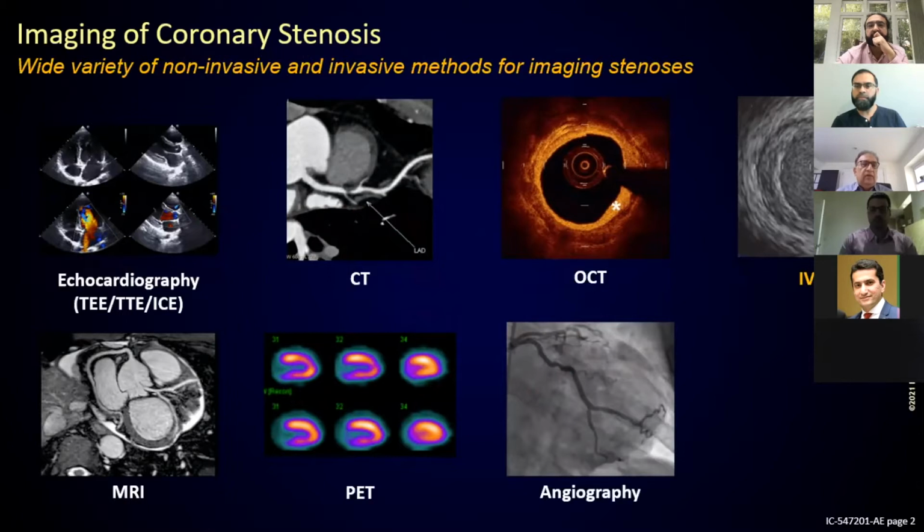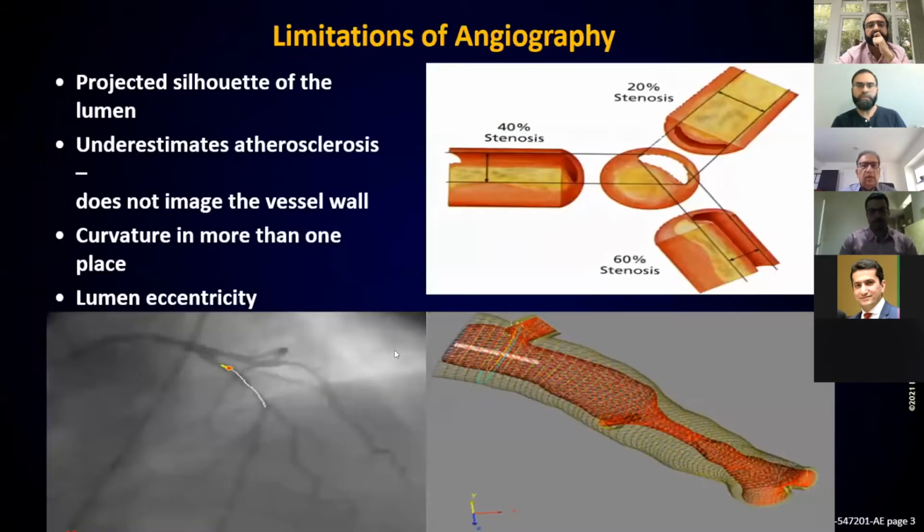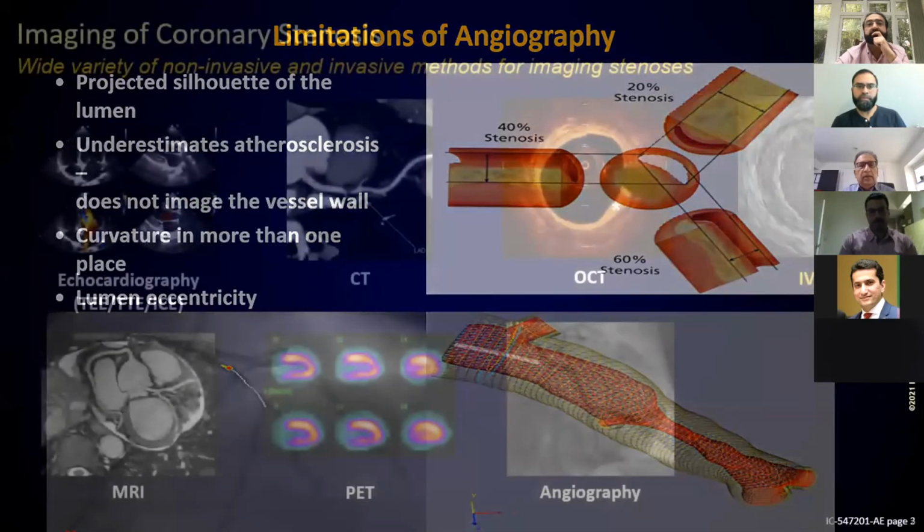That is not exactly meant to image the coronary arteries, but during the echocardiogram, one can assess the coronary ostia. CT coronary angiography, we are all familiar with. Optical coherence tomography, intravascular ultrasound, and some form of MRI scanning and perfusion scanning.